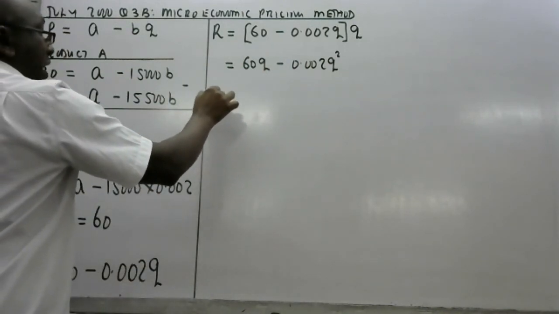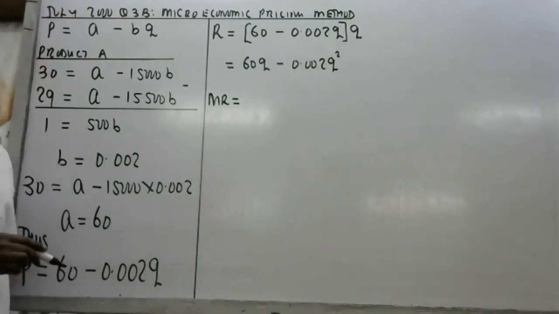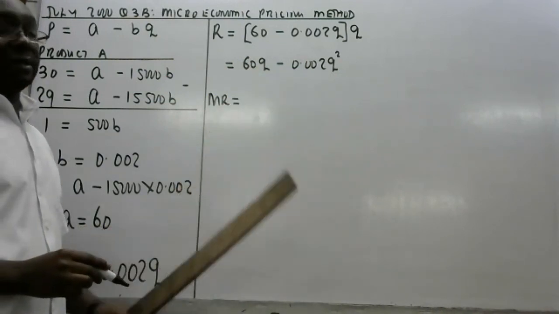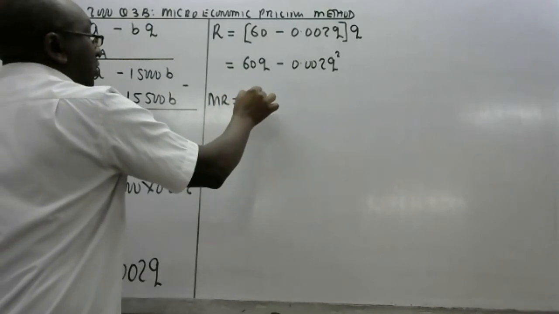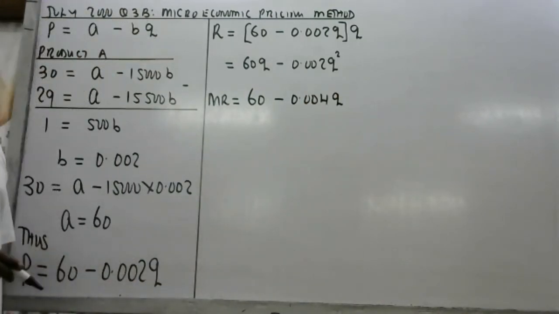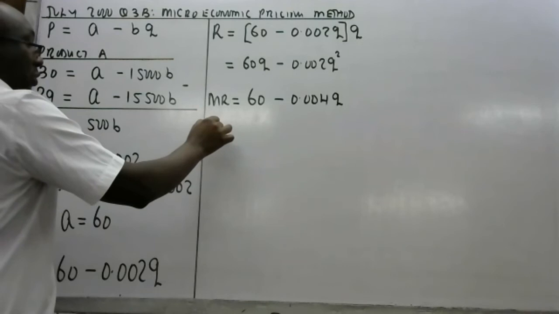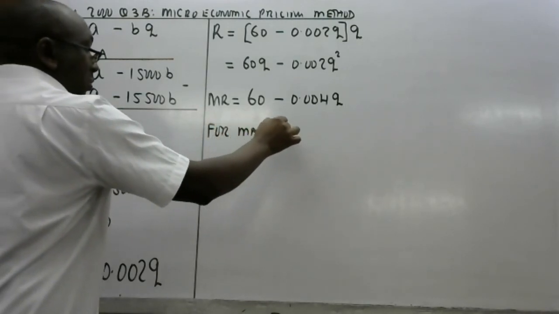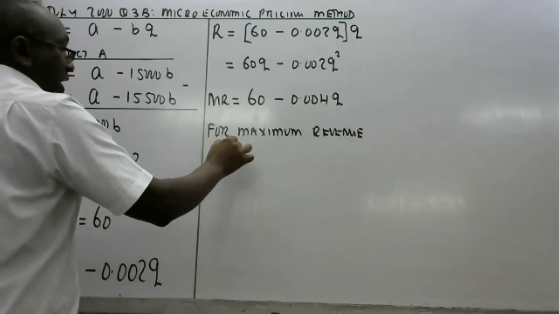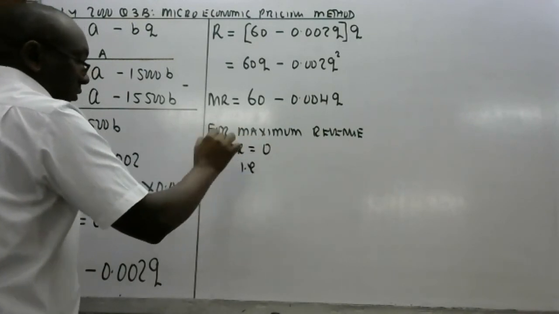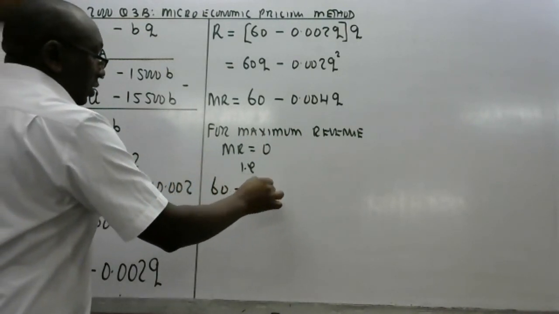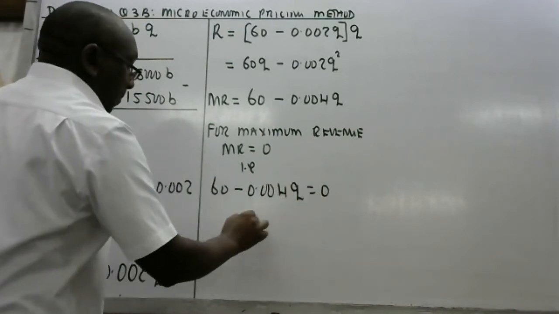Then, if you are told to get marginal revenue, you just differentiate this to get 60 minus 0.004 Q. So for maximum revenue, marginal revenue should always be equal to 0. That is 60 minus 0.004 Q should be 0.